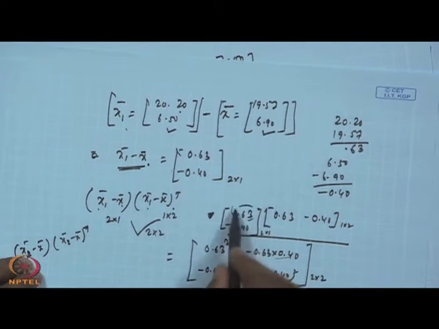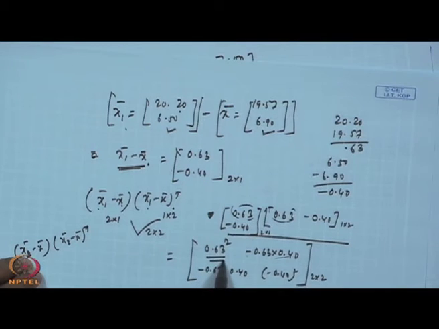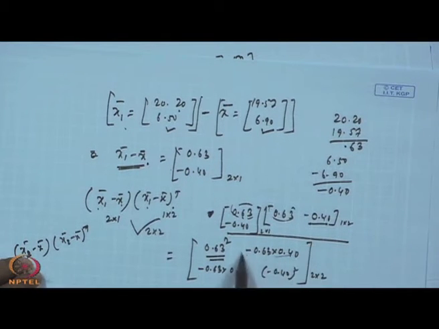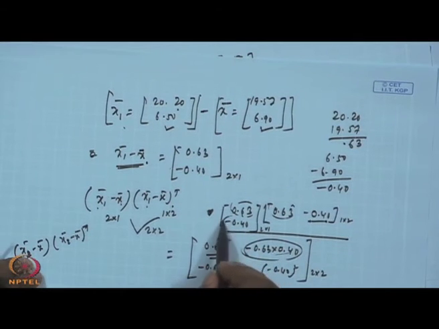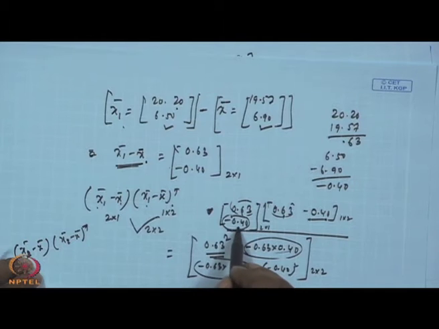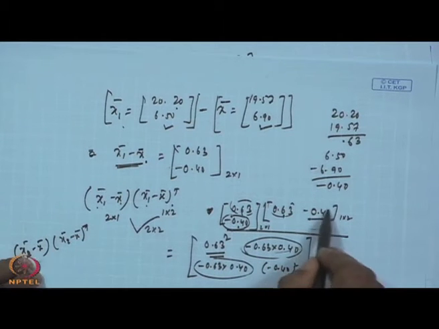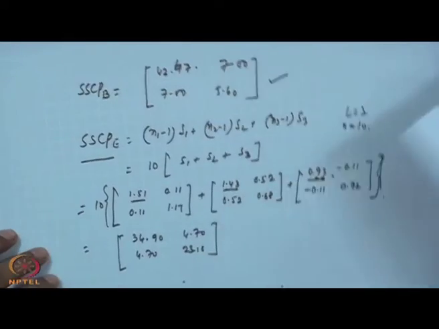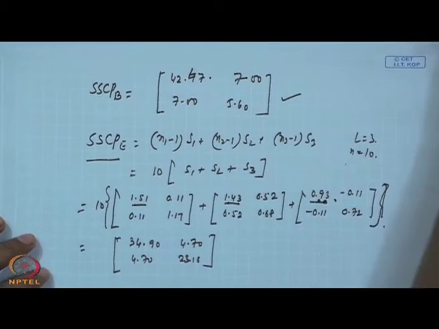So, 0.63 into 0.63, 0.63 square, 0.63 into minus 0.40, this will be the value, then minus 0.40 into 0.63, this is the value, and minus 0.40 into minus 0.40, this is the square value, and the resultant values are like this.